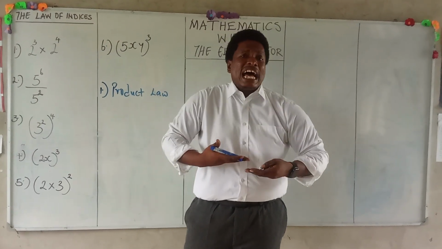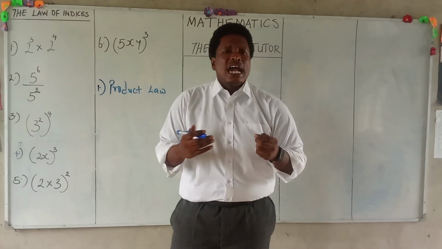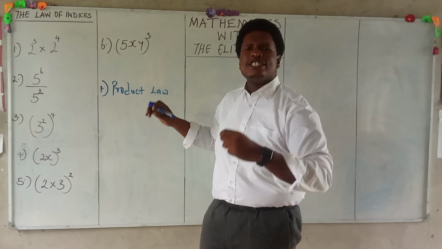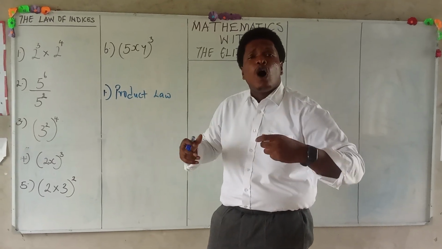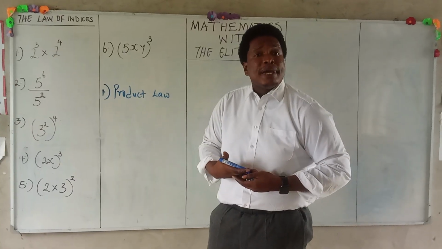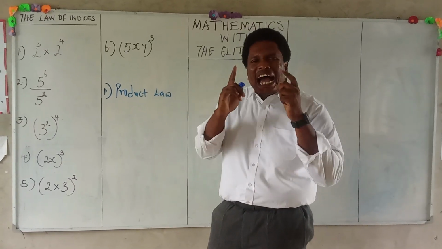When the bases are the same, we add their powers. And also, before I forget, the product law is also known as the law of multiplication. So when we have the same base and they are multiplying, we add their powers.